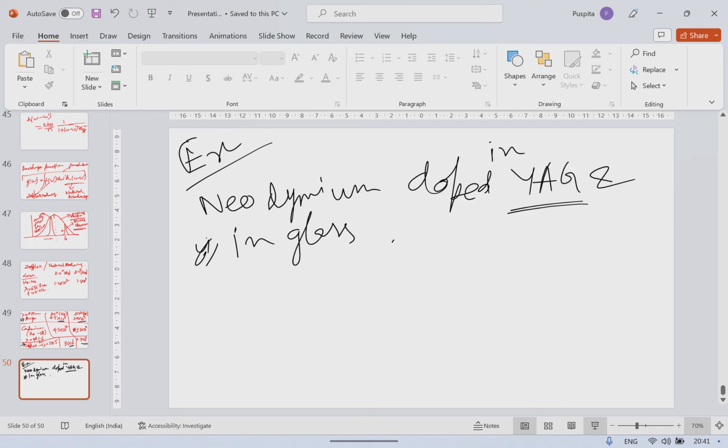Okay, so this is crystalline, this is amorphous.